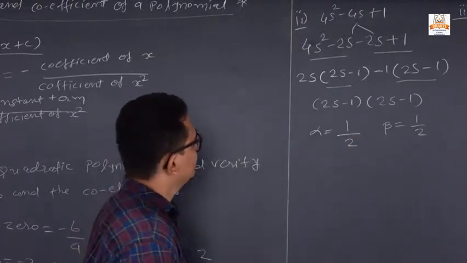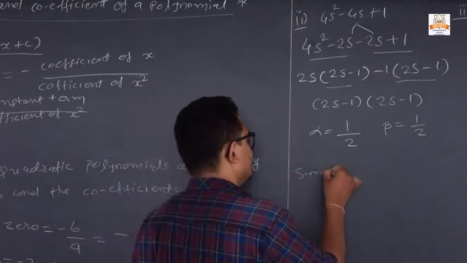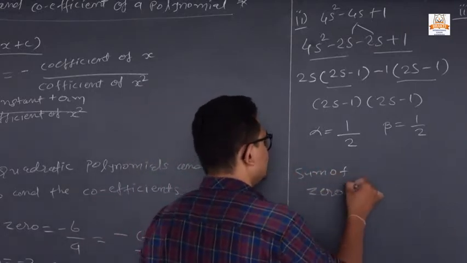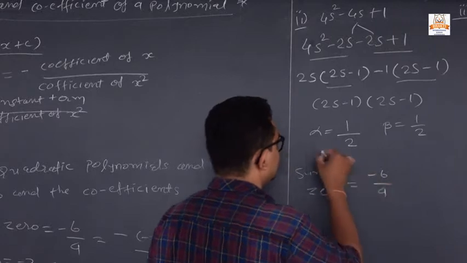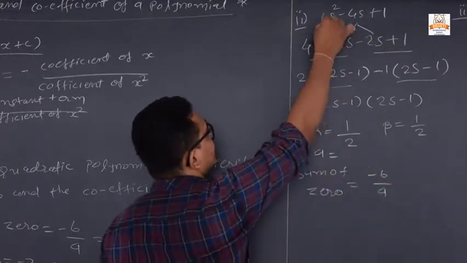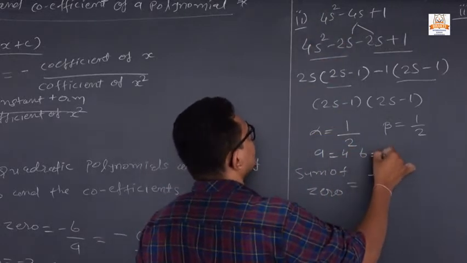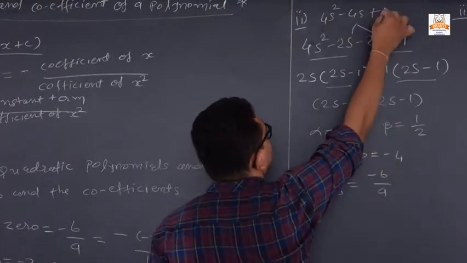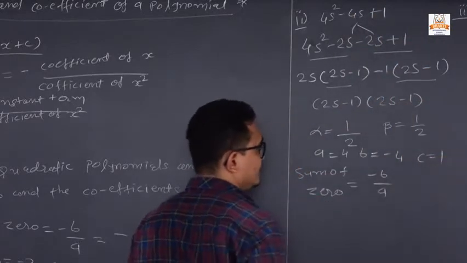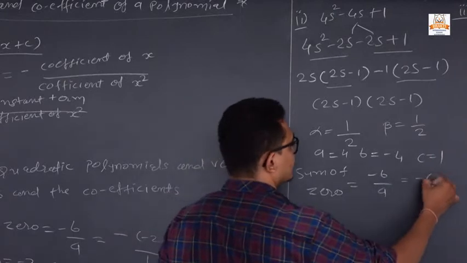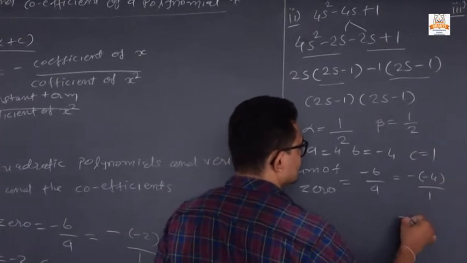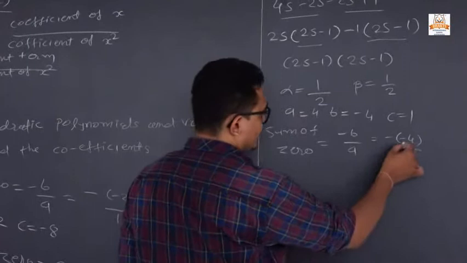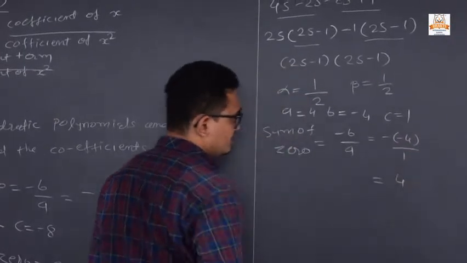Next, sum of zeros is equal to minus b by a. So first of all, what is the value of a? 4. B once again minus 4, and c value it is 1. So b is minus 4 upon 1. So minus minus becomes plus 4. 4 upon 1.